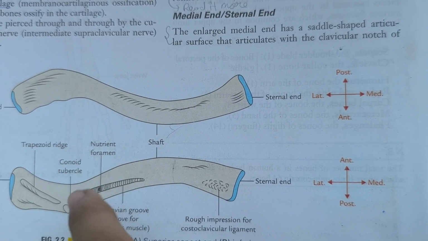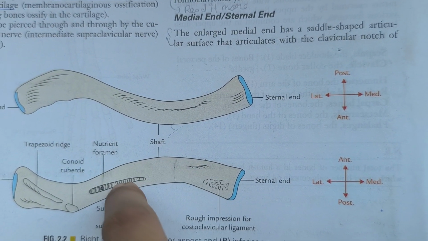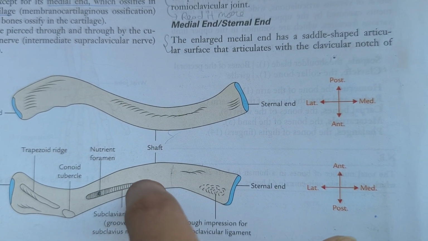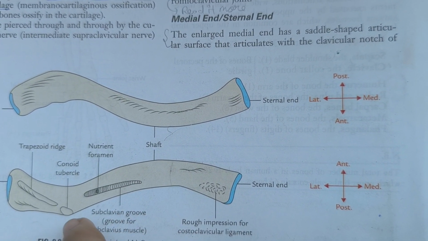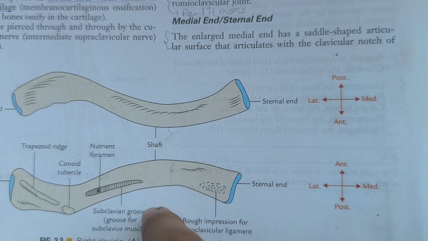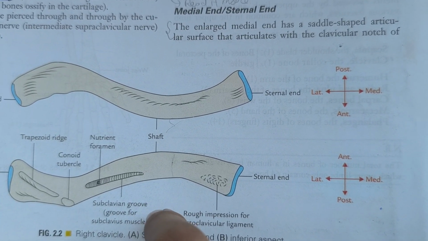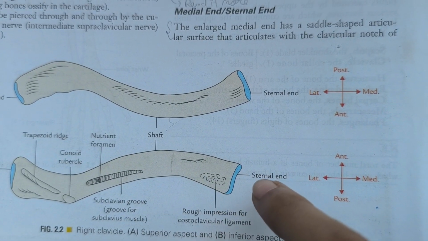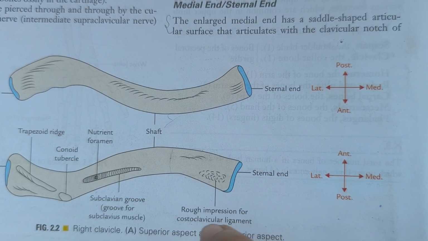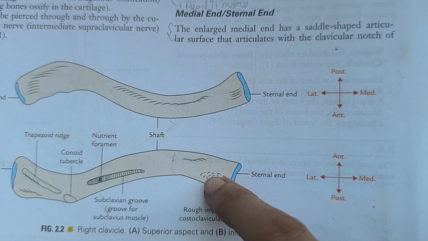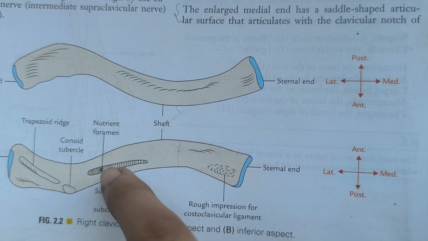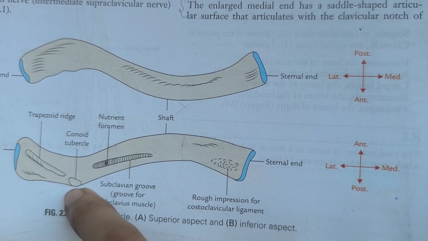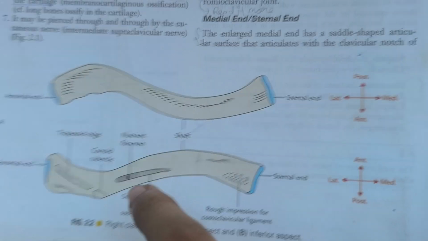The shaft has a groove in its middle one-third inferiorly, which is referred to as the subclavian groove. It is an important point for side determination. Other features of the inferior aspect are the rough impression of the costoclavicular ligament, the nutrient foramen in the subclavian groove, the conoid tubercle and the trapezoid ridge.